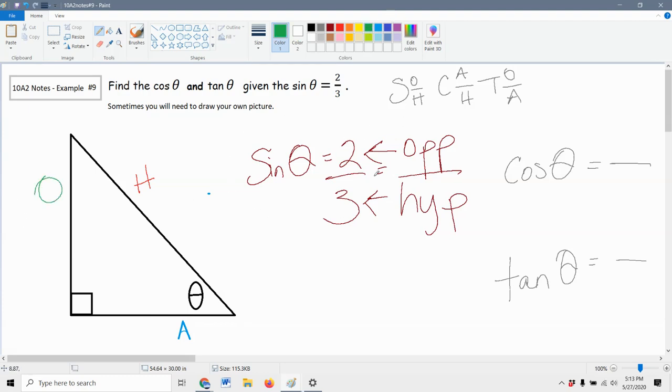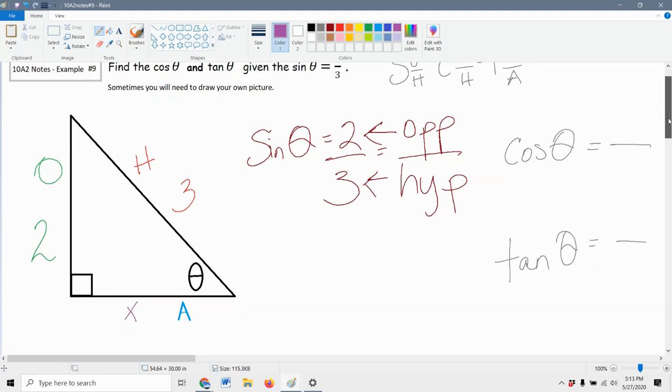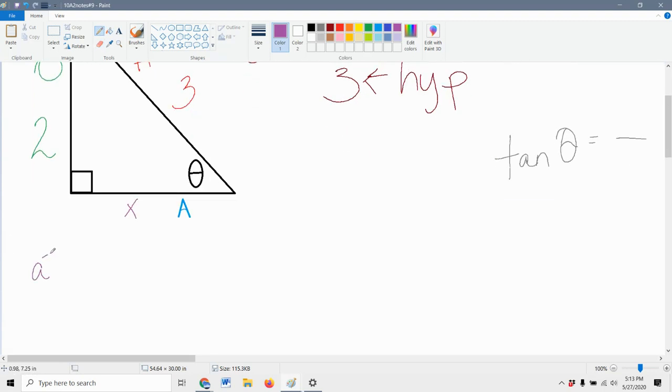From the sine theta that we're given, we know that our opposite side is 2 long and that our hypotenuse is 3 long. But we are not given the value for our adjacent side, so that's our x, right? We will use our a squared plus b squared equals c squared.